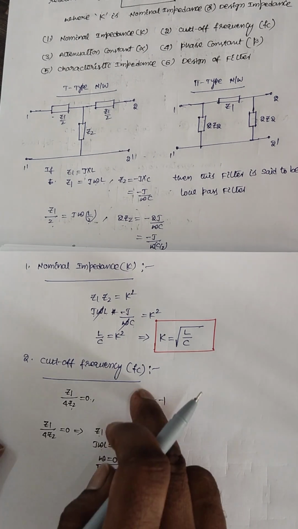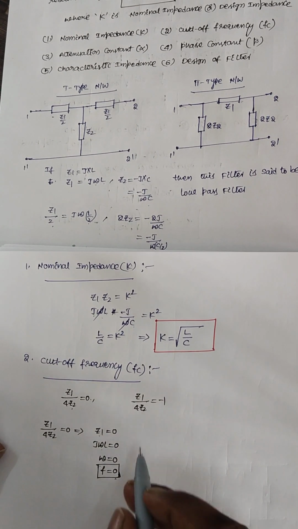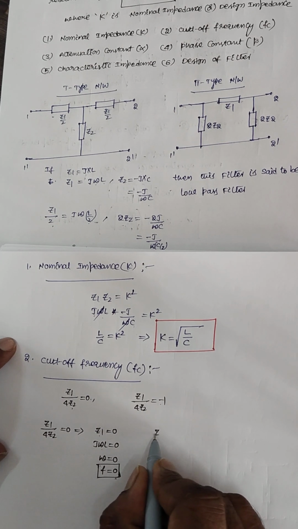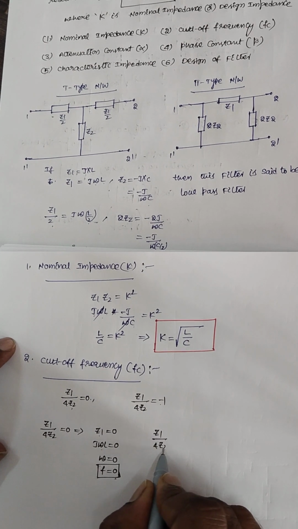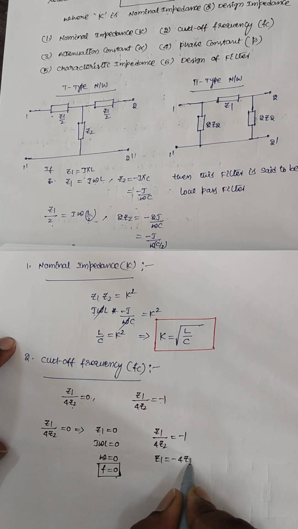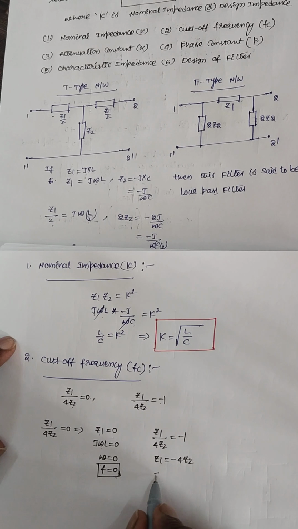Next, another cutoff frequency here, that is Z1 by 4 Z2 is equal to minus 1. So Z1 is equal to minus 4 Z2. What is Z1 here?